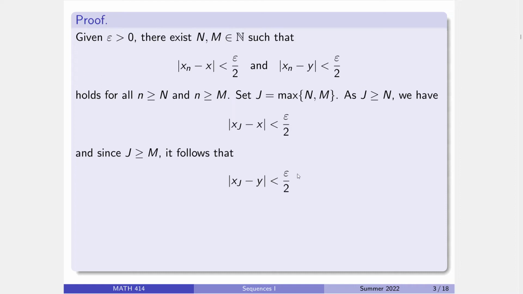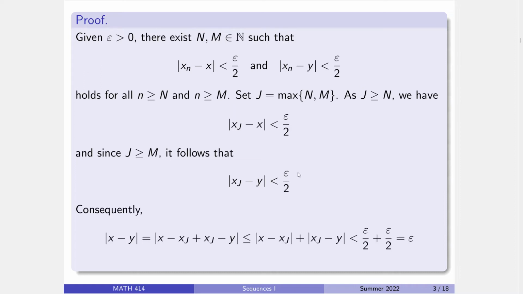Alright, so those are 3 common maneuvers, and now we get a 4th one, the triangle inequality. So we look at x minus y. Well, actually 5 even, wow. So first things first, we sneak in a plus 0, where I've cleverly chosen what 0 is equal to. I then invoke the triangle inequality, and these were chosen so that they were epsilon over 2 plus epsilon over 2, and thus we get an epsilon.